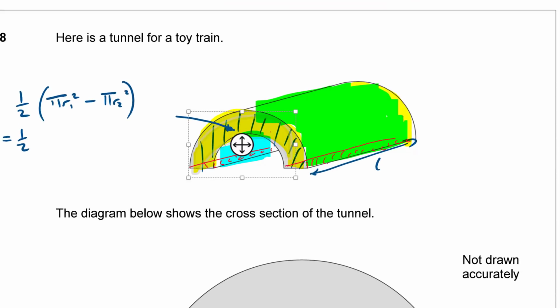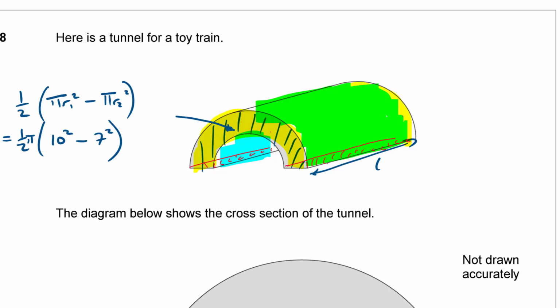So it's going to be half of, I'm just going to factorize pi out as well, out of that bracket. So I'm going to get r1 squared minus r2 squared. So r1 is 10 squared, r2 is 7. So it's going to be pi times 10 squared minus pi times 7 squared.